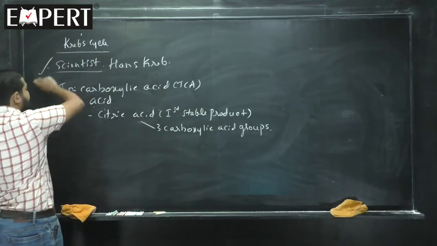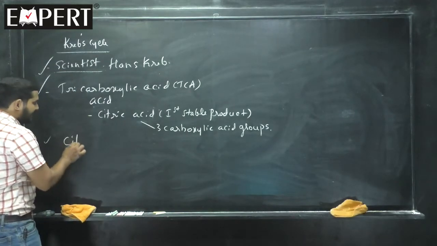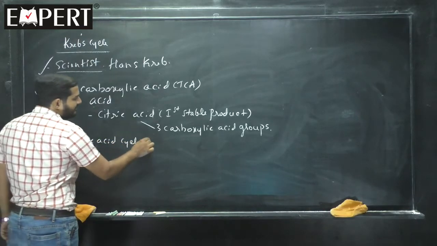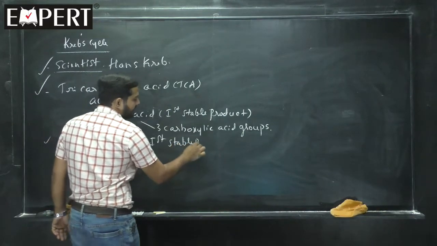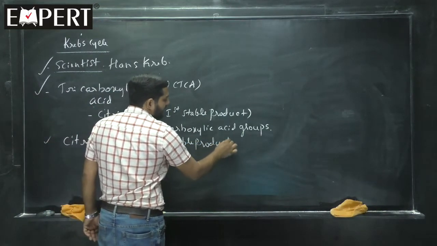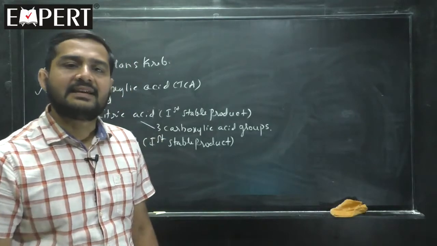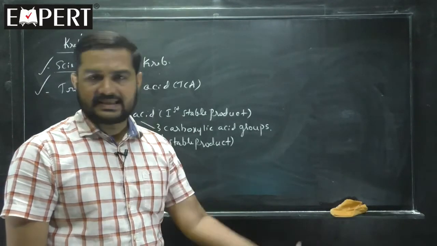So, the first reason, second reason, third reason: it is called the citric acid cycle because the first stable product is citric acid. If you remember, in photosynthesis also we say the first stable product of the Calvin cycle is 3-PGA, so the Calvin cycle is called the C3 cycle.